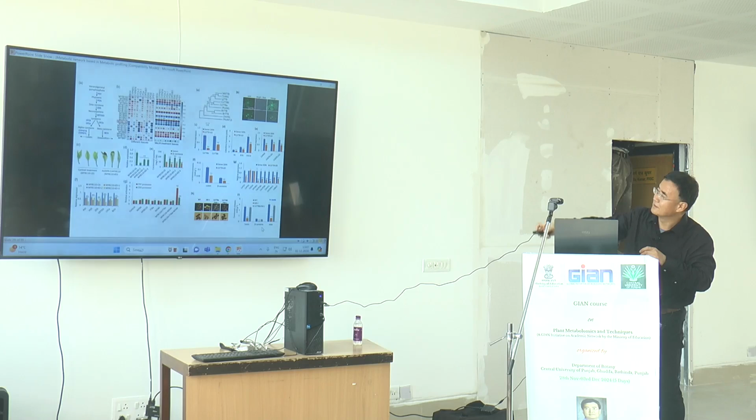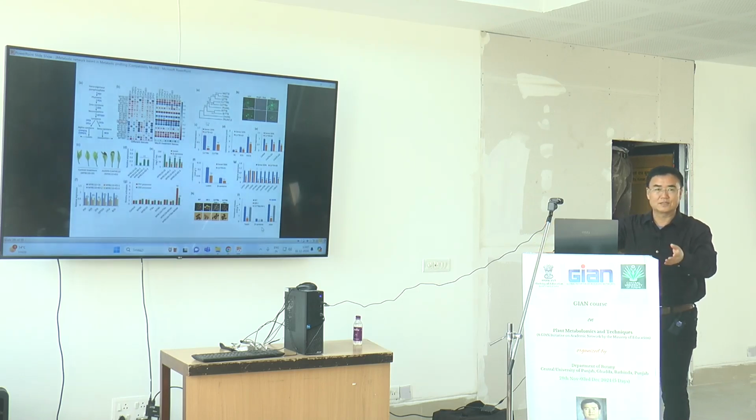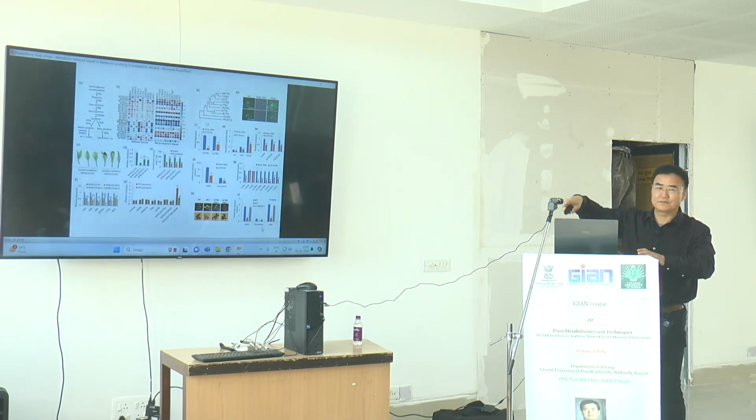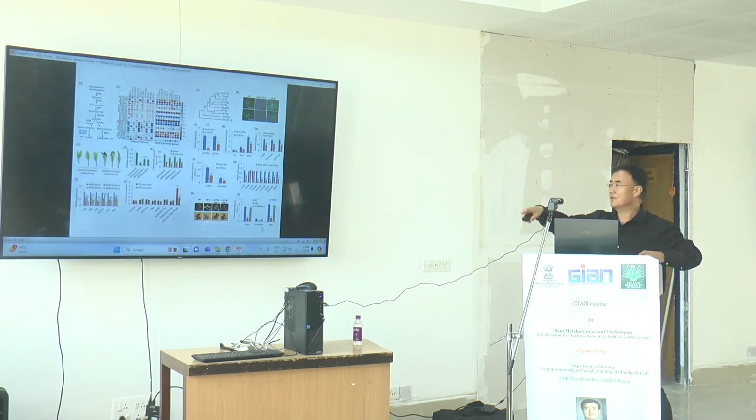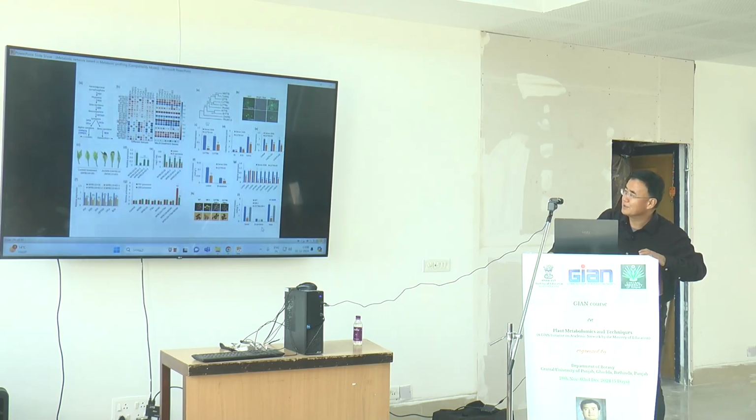In this publication of ours, we also show that in tea plants the leaf has a lot of carotenoids. The carotenoids were also regulated by one of the MYB transcription factors, which we call MYB110.